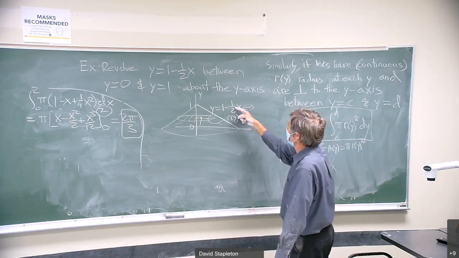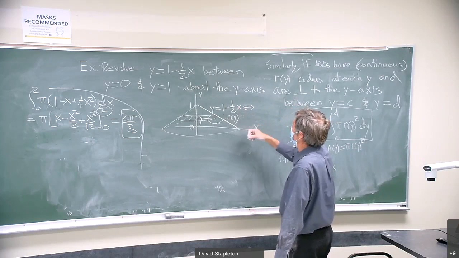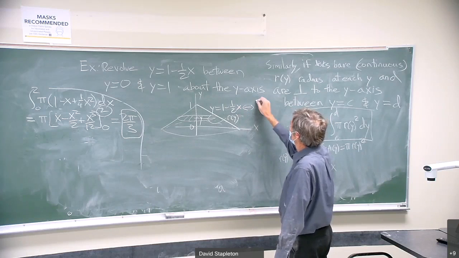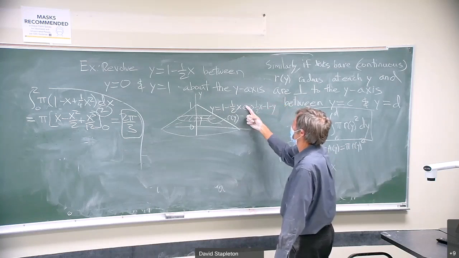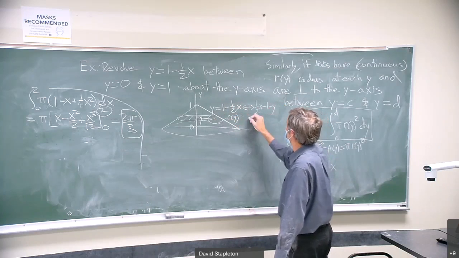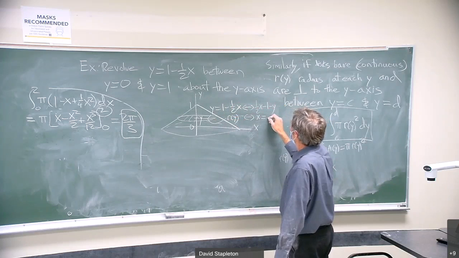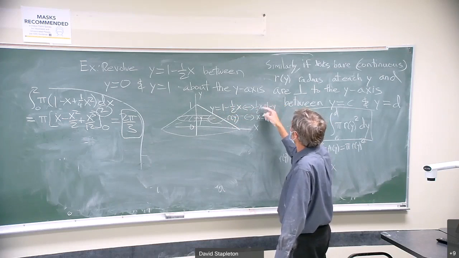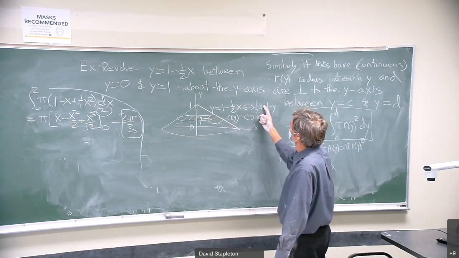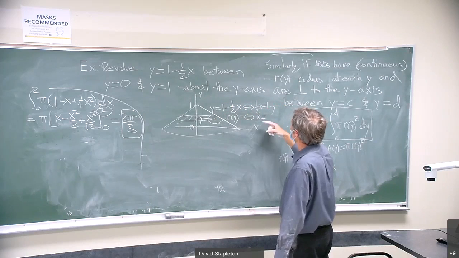So y equals 1 minus a half x becomes 1/2 x equals 1 minus y, by subtracting y from each side and adding a half x to each side. By multiplying by 2, it becomes x equals 2 minus 2y.